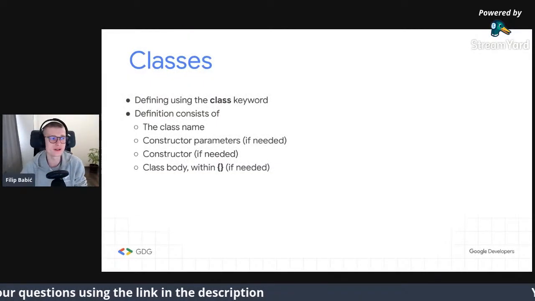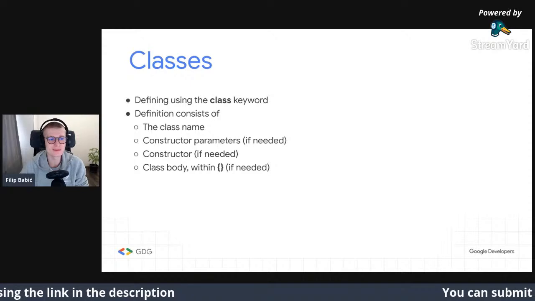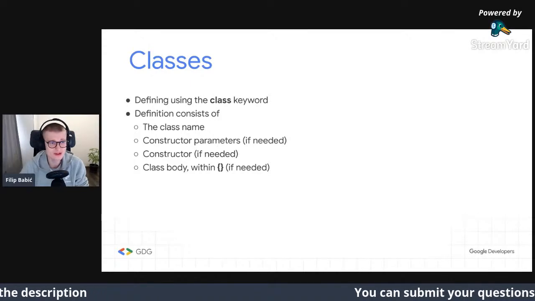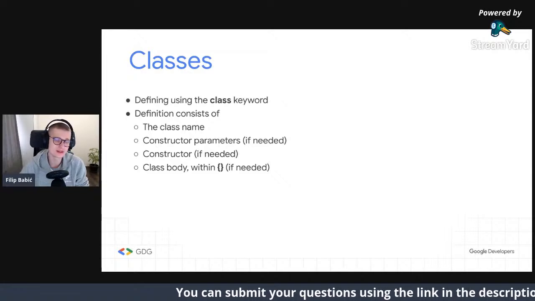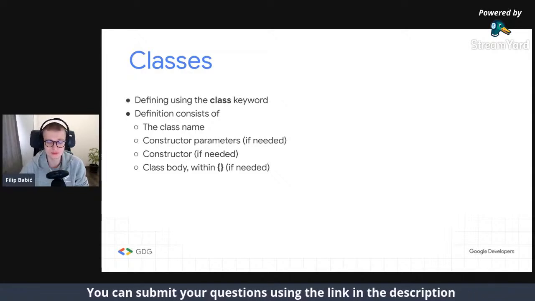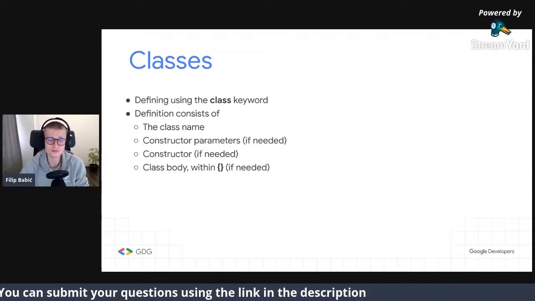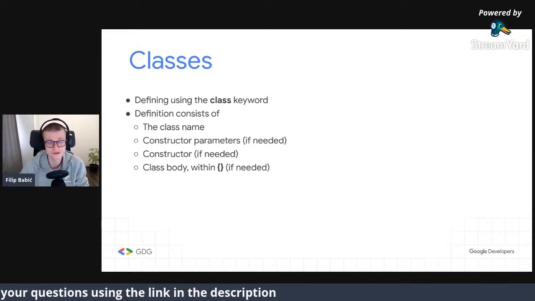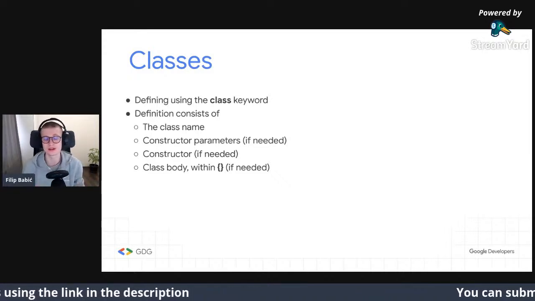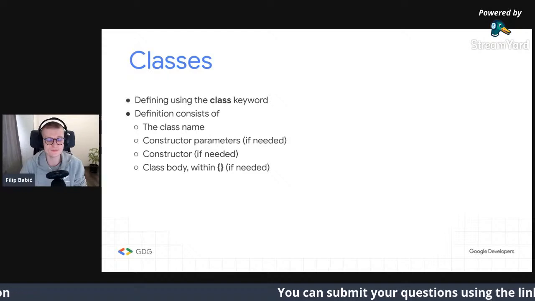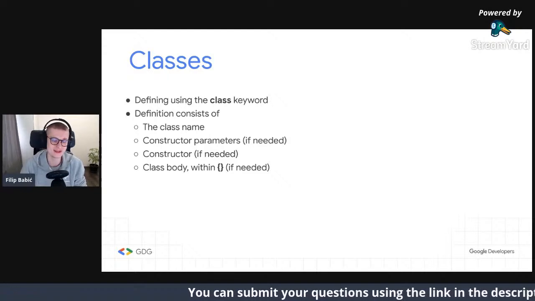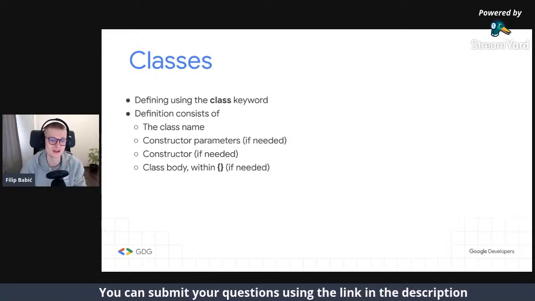So classes in Kotlin are pretty much the same as in other languages. However, the syntax might be a bit different. You use the class keyword, of course. You define the class name and the constructor parameters, if you need any. If not, you can omit the constructor. You can also omit the class body if you don't have any logic or functions.